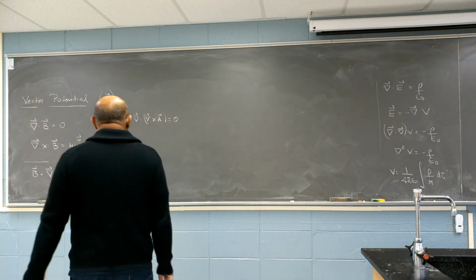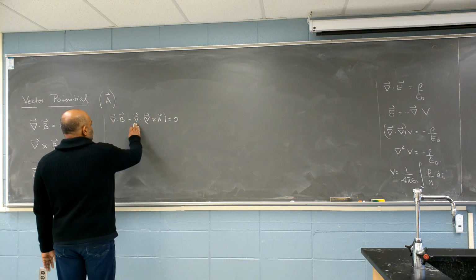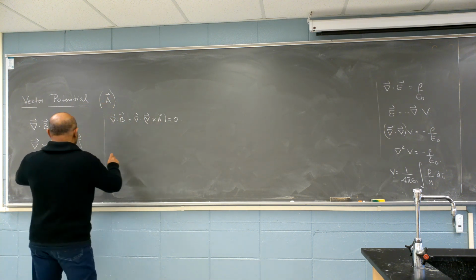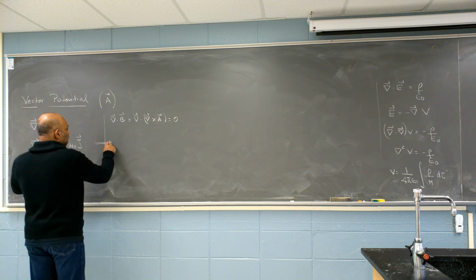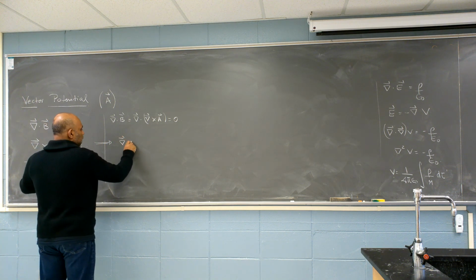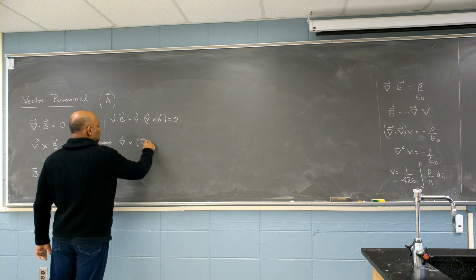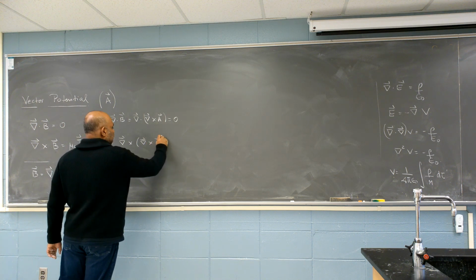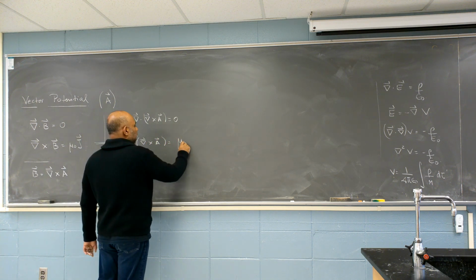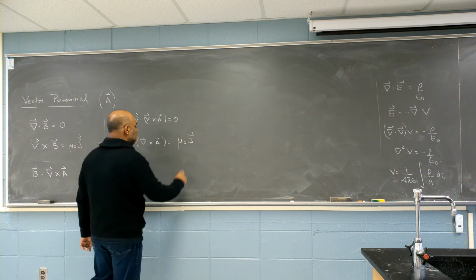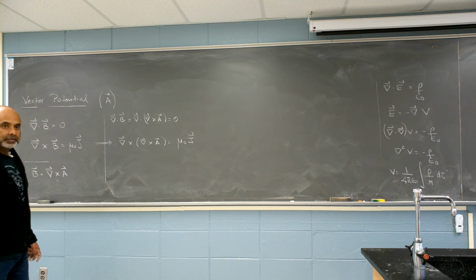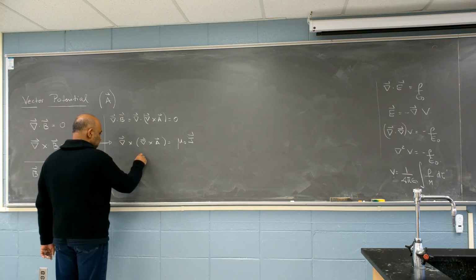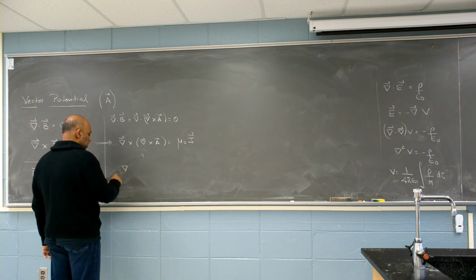Fine. Now, this is already zero, so now I would get over here the curl of A is mu 0 J. So then I'll look at my inside cover and see this is equal to, what is it?